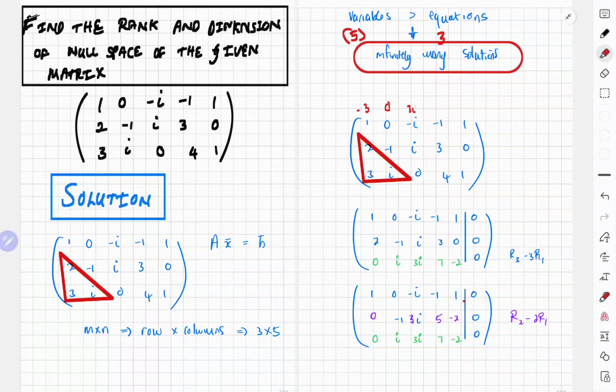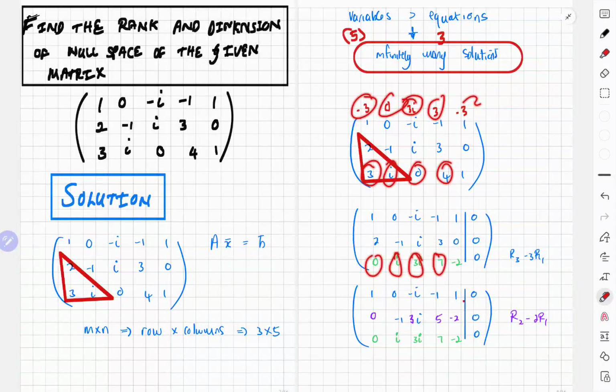Now I just prefer to write it here so I can see exactly what is happening. So -3 plus 3, 0, 0 plus i, just i, 3i plus 0, 3i, 3 plus 4, 7, -3 plus 1, -2.